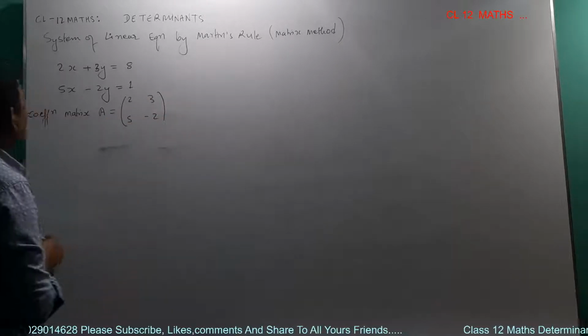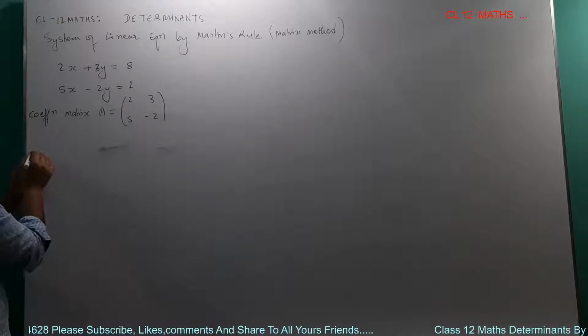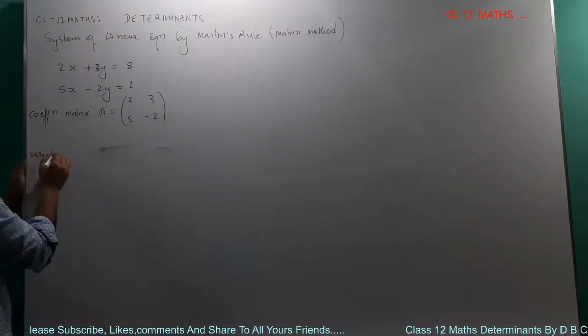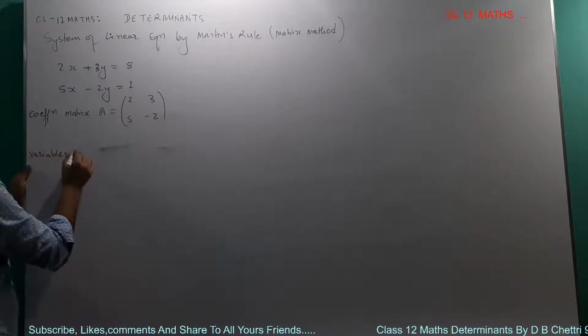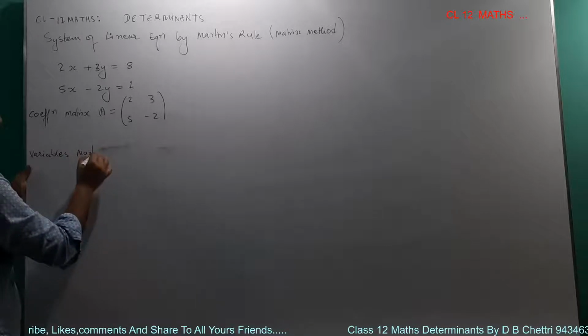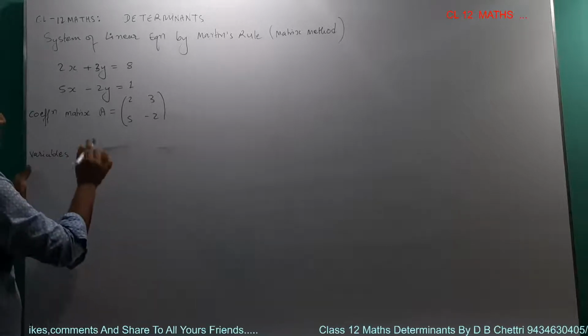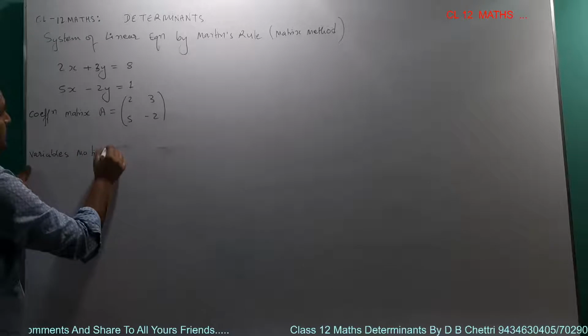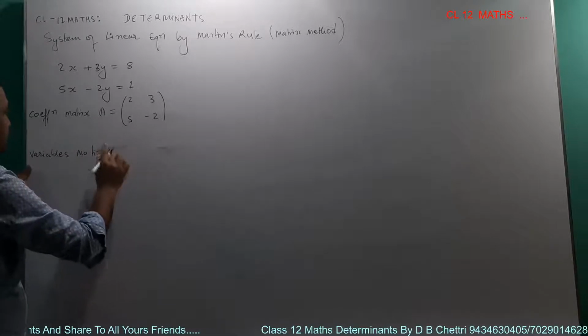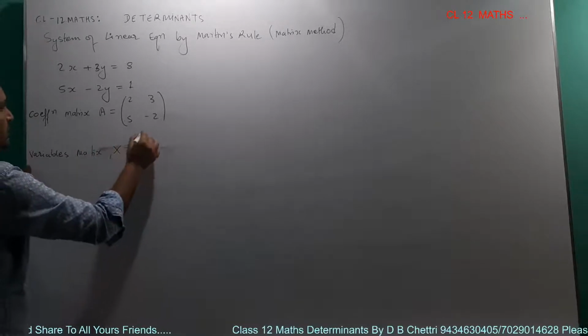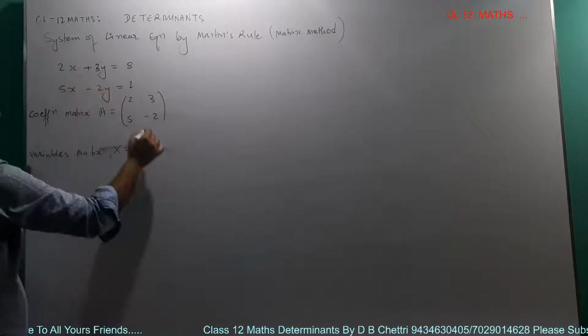Then the variable matrix. The variable matrix is X, and the variables are x and y.